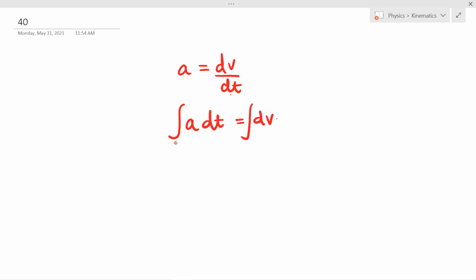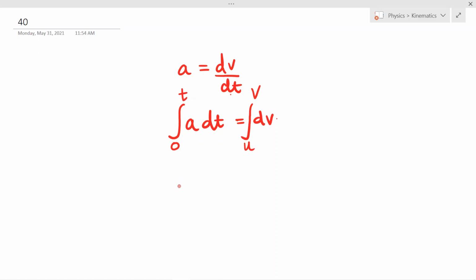We will integrate from 0 to t, that is, the instant when time is 0 and some later instant t, and we will integrate these from u to v, that is, u is the initial velocity and v is the final velocity, which it reaches in time t.